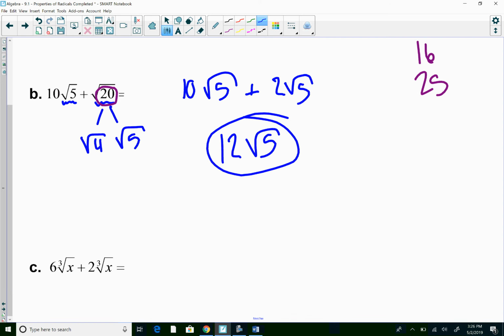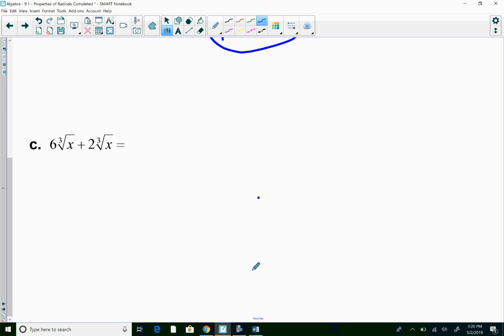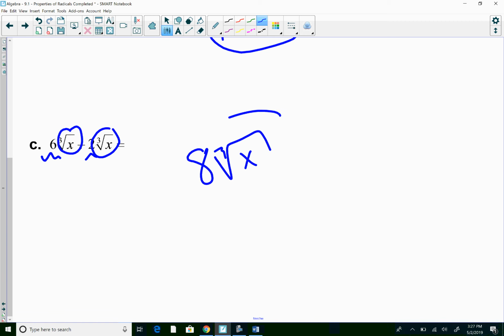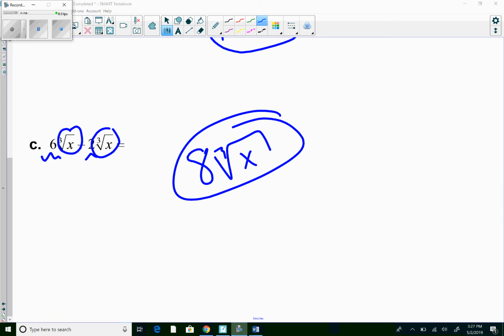And lastly, super simple: you've got cube root of x, add these first 2 numbers together. 8 cube root x, done. Really very simple. But if you have any questions or concerns, let me know.